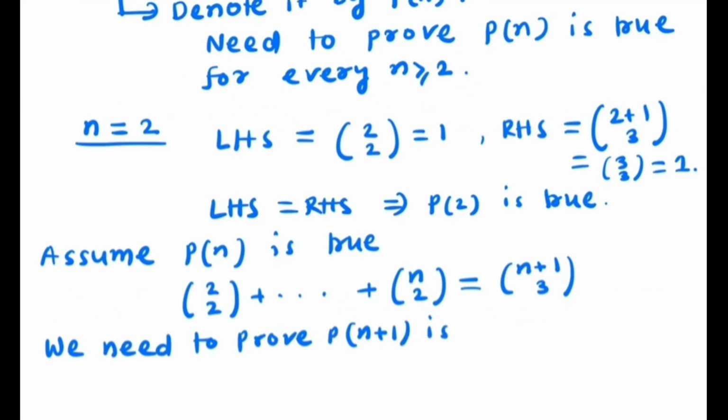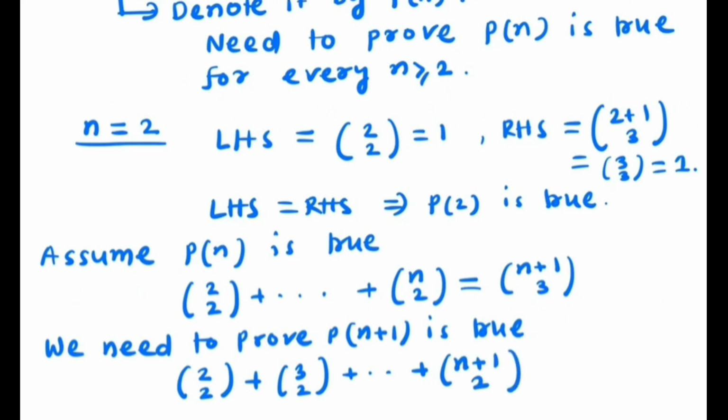We need to prove P of n plus 1 is also true. So what is P of n plus 1? It is 2 choose 2 plus 3 choose 2 up to n plus 1 term, which is n plus 1 choose 2, is equal to. So we'll put n plus 1 instead of n in the right hand side.